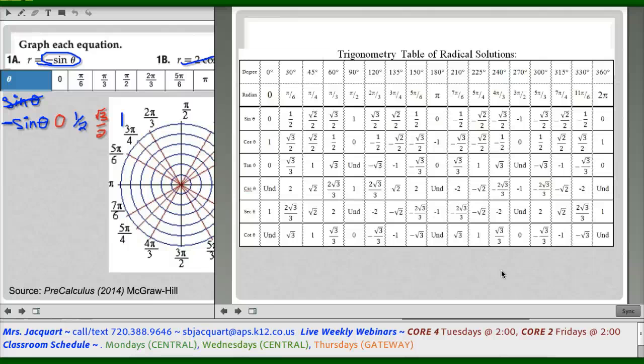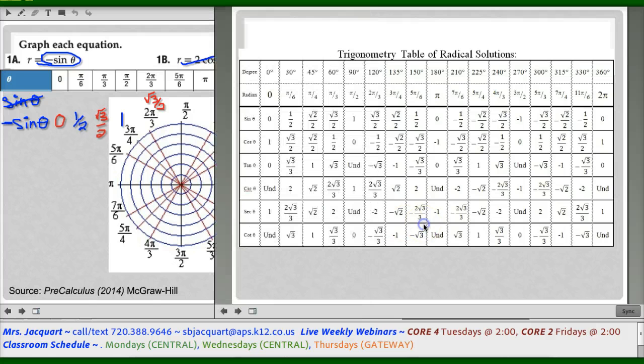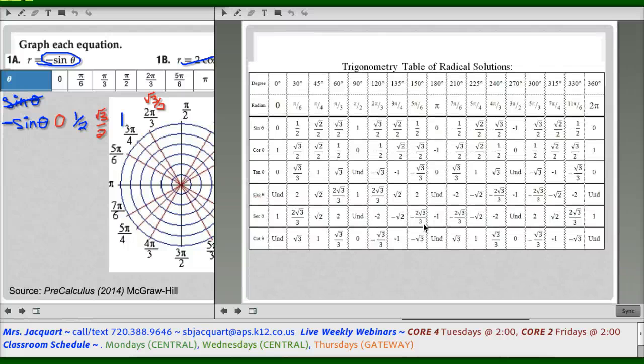Sine of 2pi/3 is square root 3/2. Those are my sines.